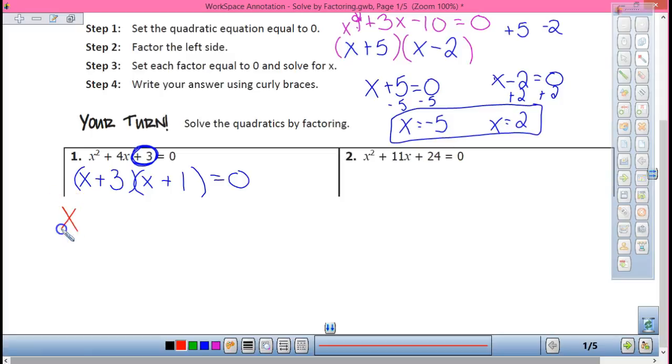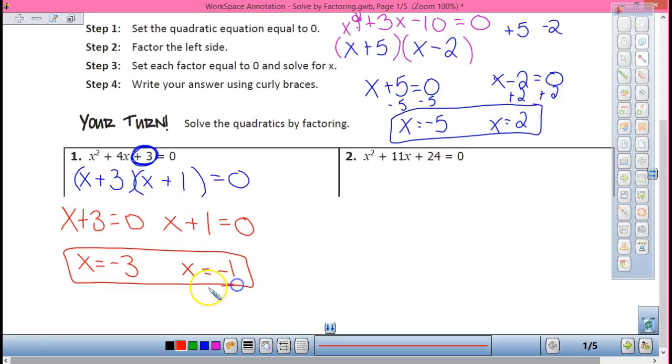So x plus 3 equals 0, and x plus 1 equals 0. And then we solve them. X equals negative 3, and x equals negative 1. Circle your two answers so I can find them. That would be super helpful today, because you're going to have some stuff on your paper.